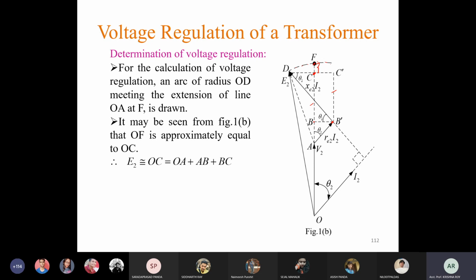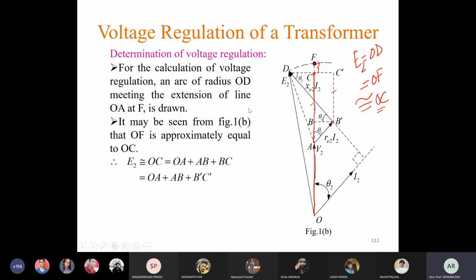Actually, E2 is equal to OD, which is equal to OF, which is approximately equal to OC. Right? Yes, sir. Now OC is equal to this length OA, then this length AB, and this length BC.